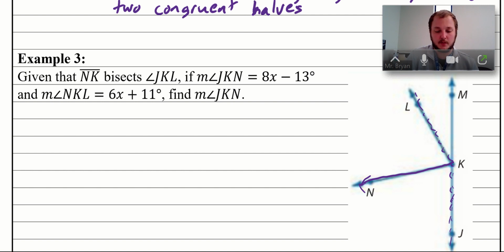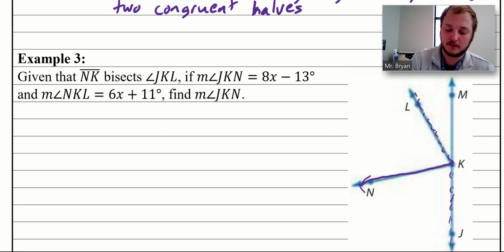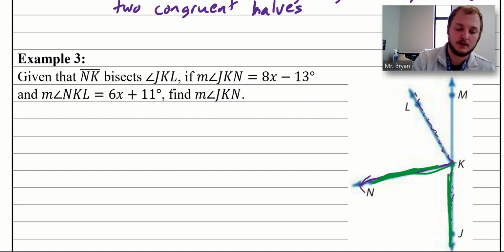Okay, so a few things that we need to do with this before we start getting into this problem if I want to understand how to set it up. First one here, if I'm looking at measure of angle JKN, well, JKN, if I follow that, is right here. Okay, it looks acute, and that is going to be 6x plus 11 degrees.